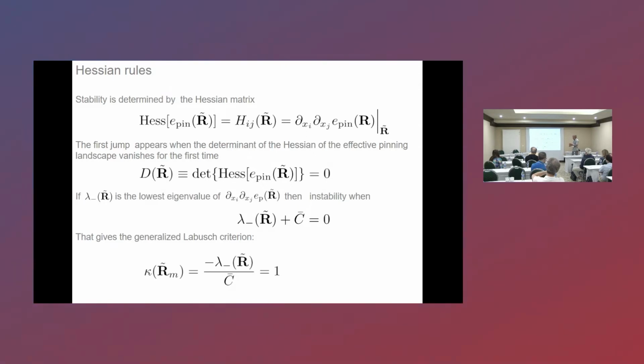In 1D it's simply when the second derivative changes sign. Now in 2D we should calculate this Hessian determinant, and when it changes sign, then we get instability.